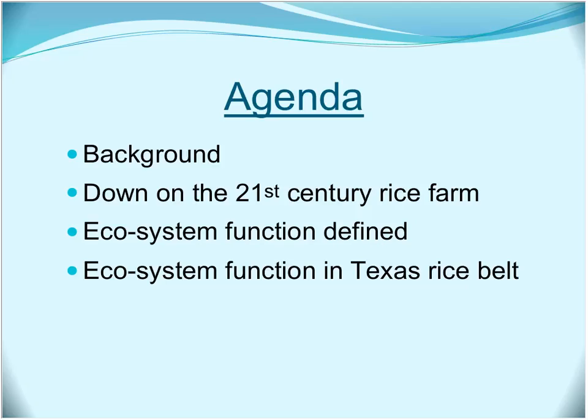A real quick view of how things proceed on an annual cycle on a rice farm in today's market. We'll talk a little bit, I'll define ecosystem function, and then we'll just look at some specifics in the Texas rice belt.